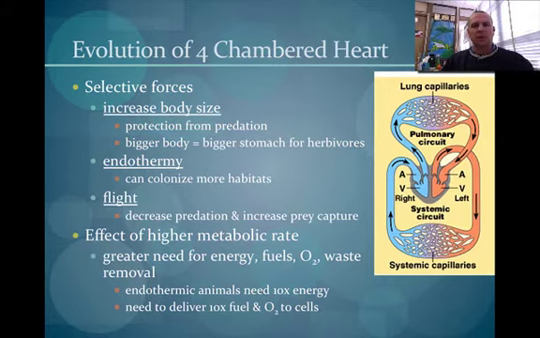So the four-chambered heart was affected by these forces, and the effect of a four-chambered heart was you had a higher metabolic rate, which meant you had a greater need of energy, fuels, oxygen, waste removal, etc. And I just got a stat down here: the endothermic animals needed 10 times more energy and oxygen than ectothermic animals.